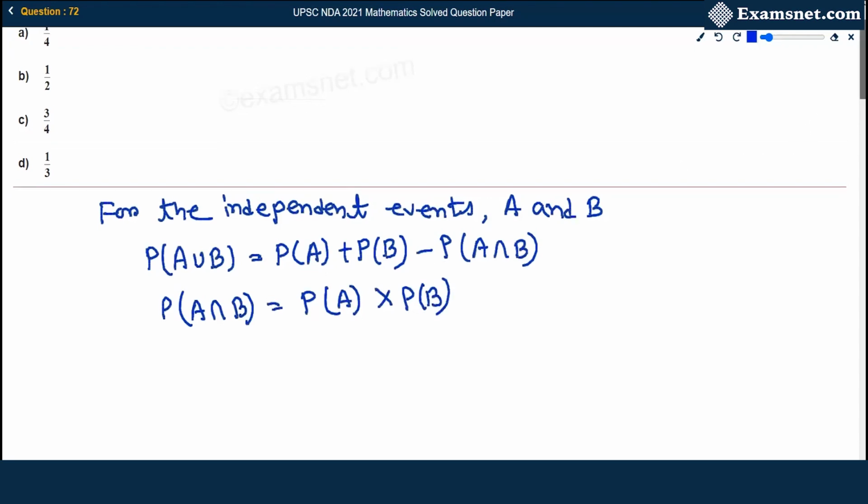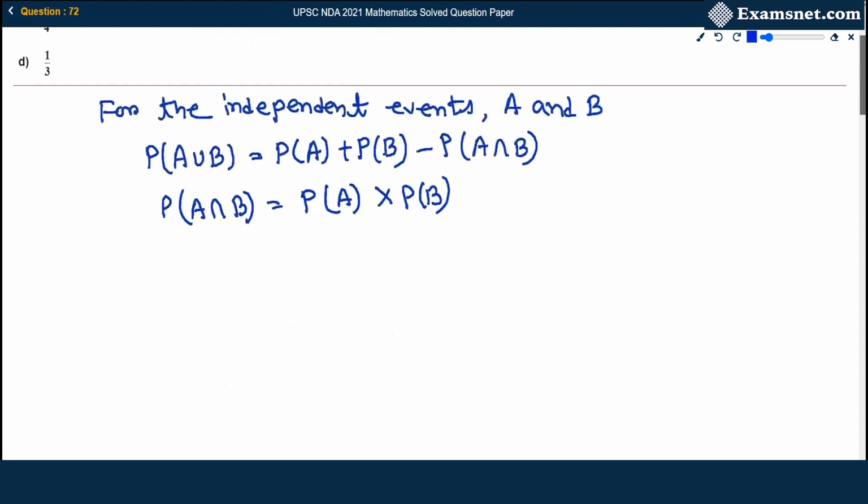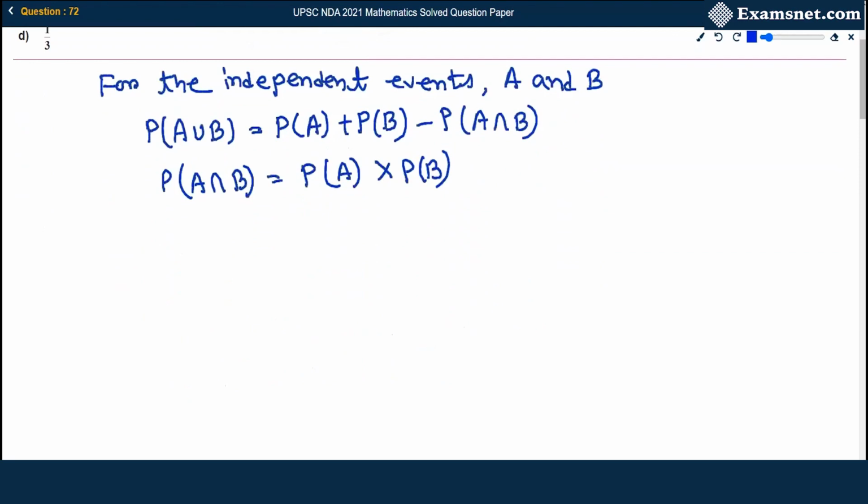Now, E is the event of getting head on the first toss and F is the event of getting head on the second toss, right? If I toss a coin, we know there are 2 possible outcomes and head can occur once, also tail can occur once. So the probability of getting head is half.